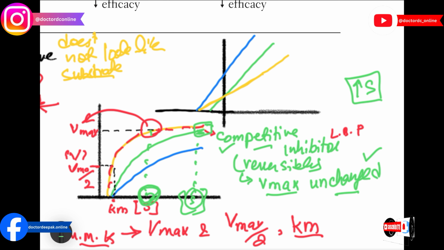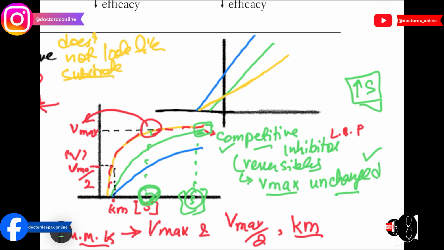Without the inhibitor you reach the Vmax at a certain substrate concentration. After adding the inhibitor, you achieve the same Vmax at a higher concentration of substrate. The Vmax will be unchanged because this is the maximum velocity that can be achieved by increasing substrate. Otherwise, it will only increase by enzyme concentration.